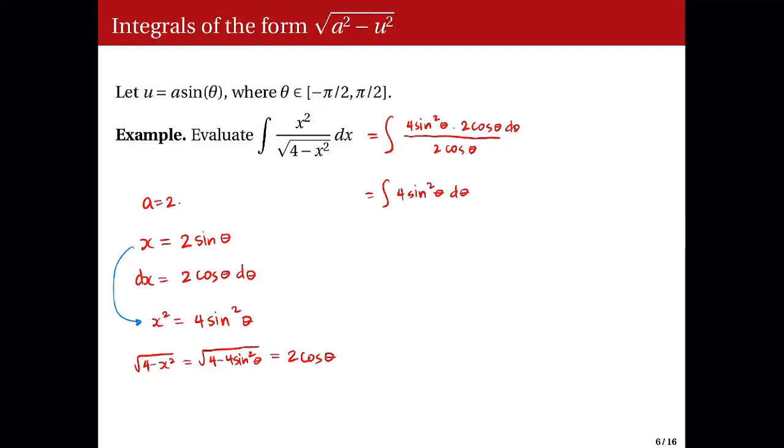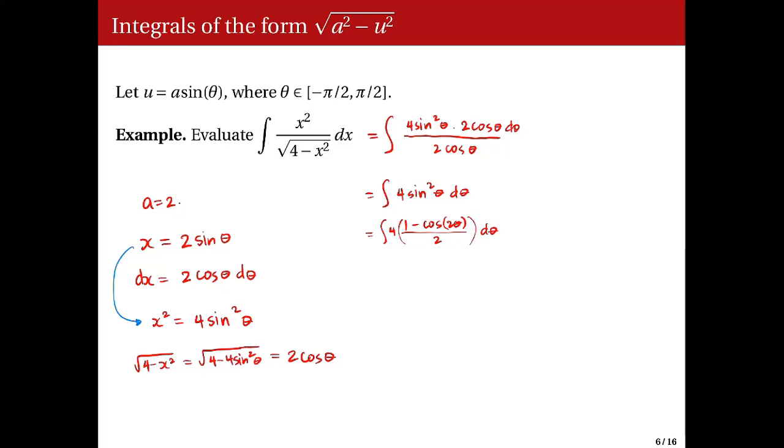And again, we have sine squared, so we'll use again the half angle formula. If we do that, we will have 4 times 1 minus cosine 2 theta divided by 2 d theta.